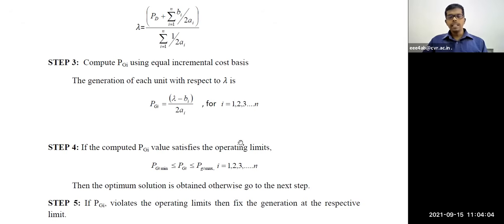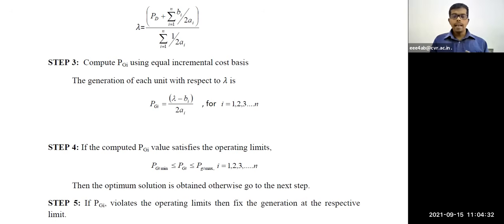Say for 3 generating units, 3 separate minimum and maximum operating limits are given. Whatever values we found should be within these limits. If everything is satisfied after calculation, and the demand also is satisfied, then stop the procedure there itself. No need to proceed further.